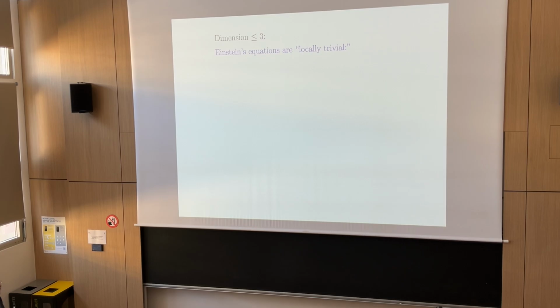So if you wanted to look at the count of components I gave you before, about how many components the Ricci tensor has and how many independent components the curvature tensor has, then, for example, in dimension 3, it turns out that there are 6 components for either. And in fact, there's an algorithm for concretely determining the curvature tensor from the Ricci tensor.